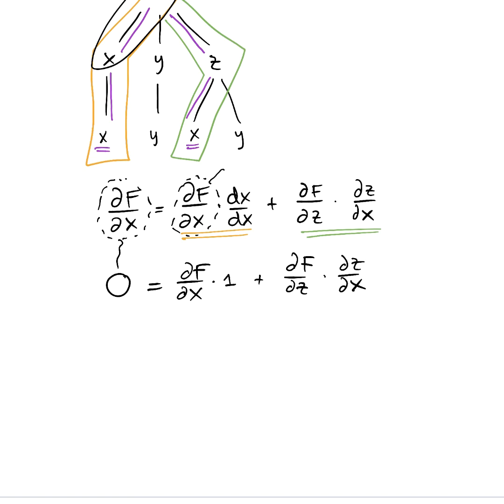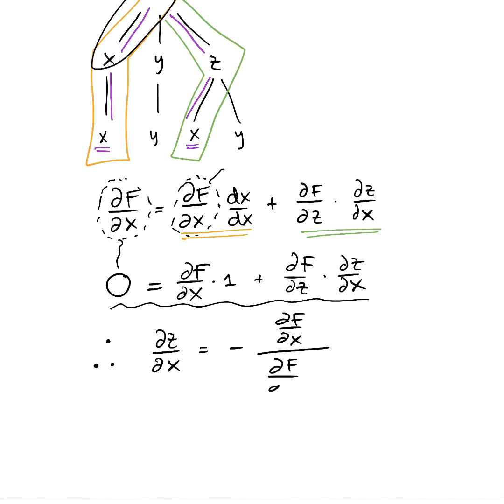Now, this line right here, this is really easy to solve for dz dx. Therefore, dz dx equals negative df dx over df dz.